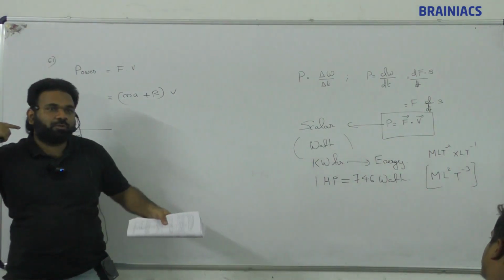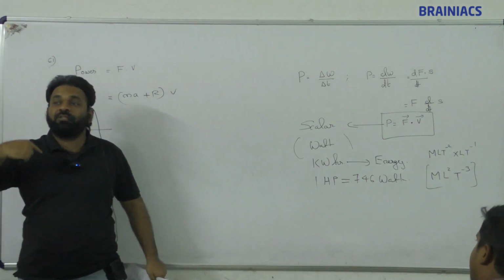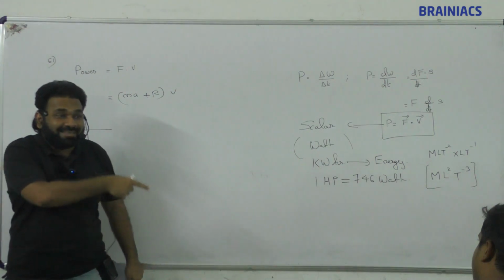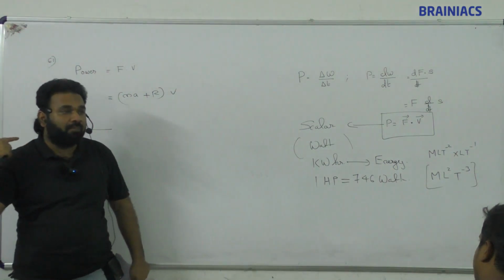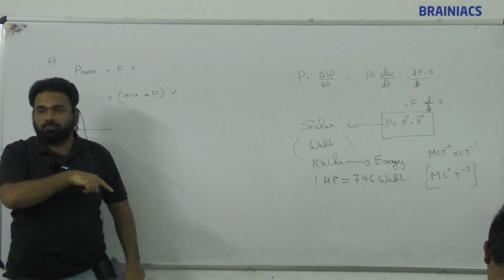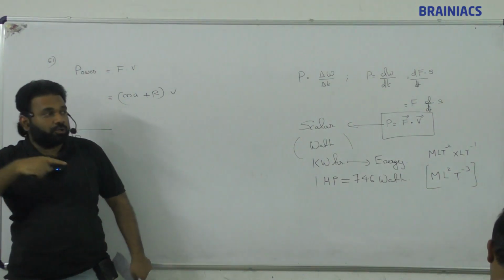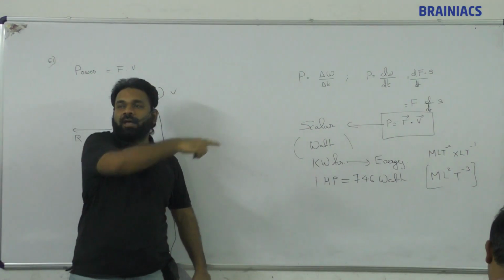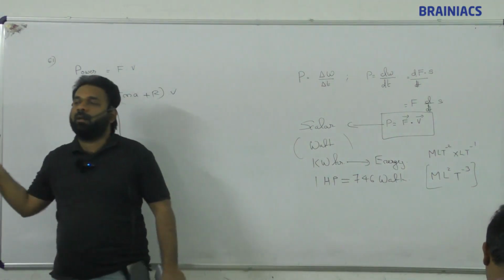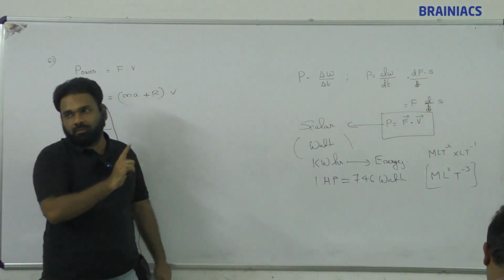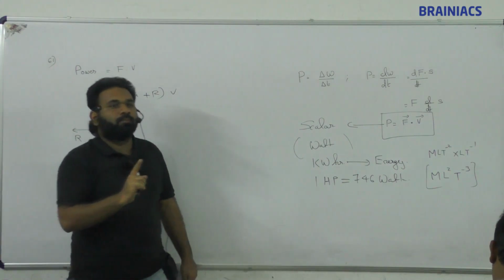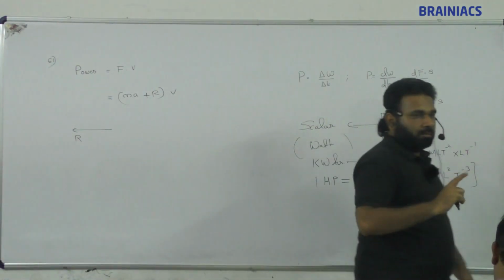This resistance is also there. So how much power should this engine have? The engine should have a power for beating this R and handling this MA. So that much work it will have to do. So I should have R force in that direction, and MA force also in that direction. Then only I will be able to take the car to the destination. Clear or what? Okay.